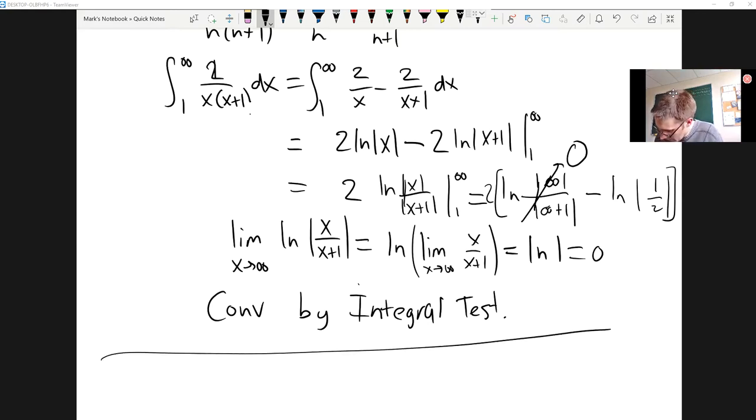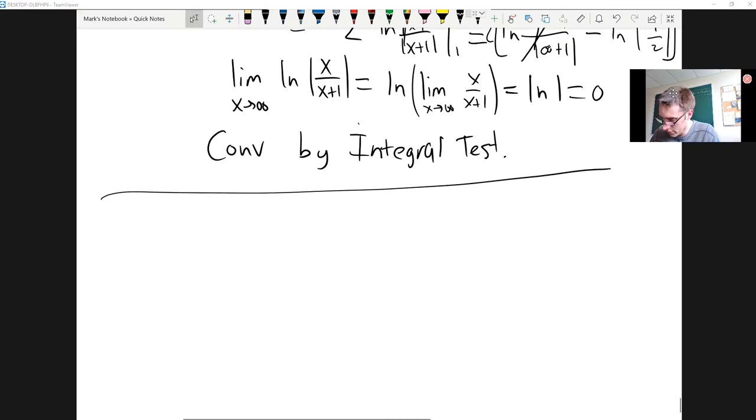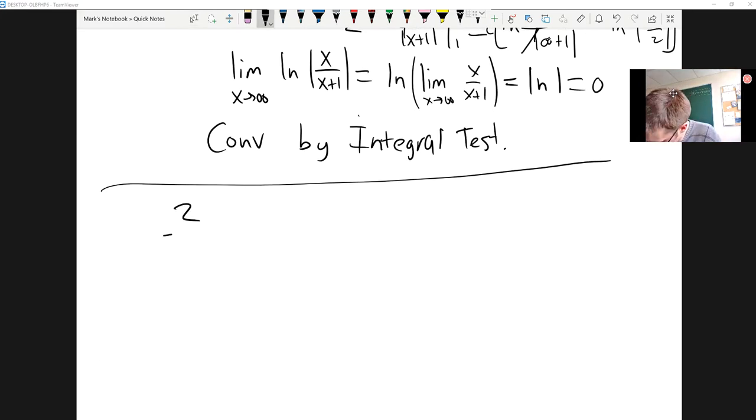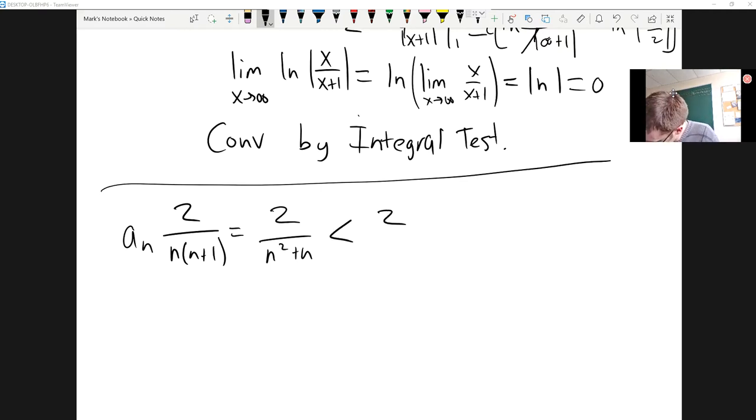We don't even have to stop there. We could also use comparison tests, direct comparison test here. We had 2 over n times n plus 1, which is the same thing as 2 over n squared plus n. Well, notice that is less than 2 over n squared, since the denominator is larger on the left.